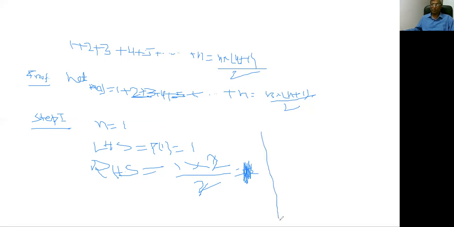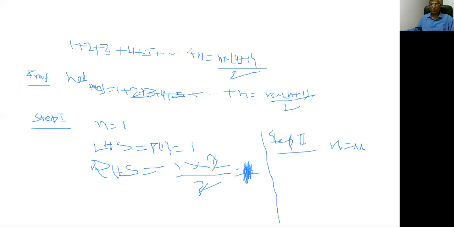Now, step 2, please write. In step 2, what you have to do here is consider that Pn is true for n is equal to m.